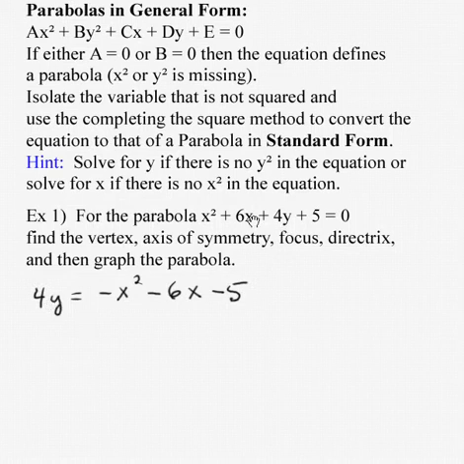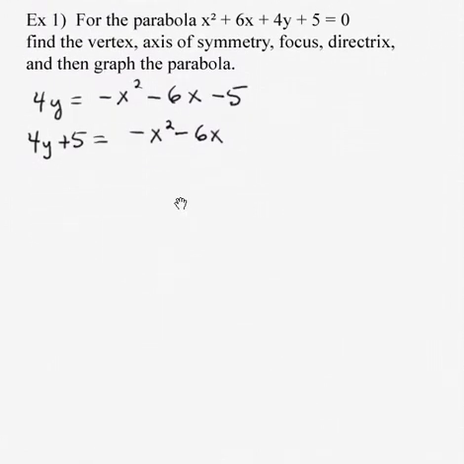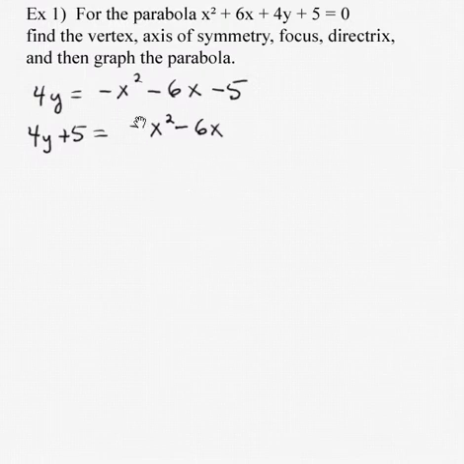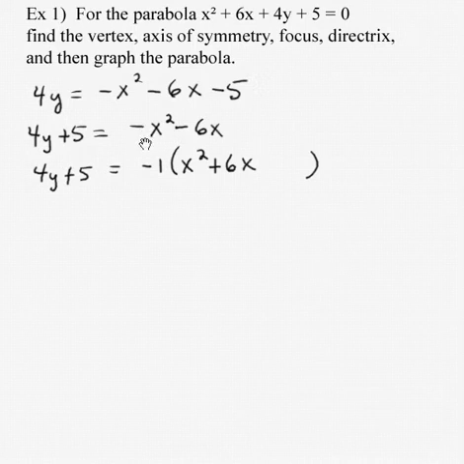So to do that, 4y is negative x squared minus 6x minus 5. And let's complete the square by taking the constant, moving it to the other side. And remember, in the process of completing the square, the coefficient of the square term has to be positive 1, which it's not. So let's factor out that negative 1, and we're left with x squared plus 6x.